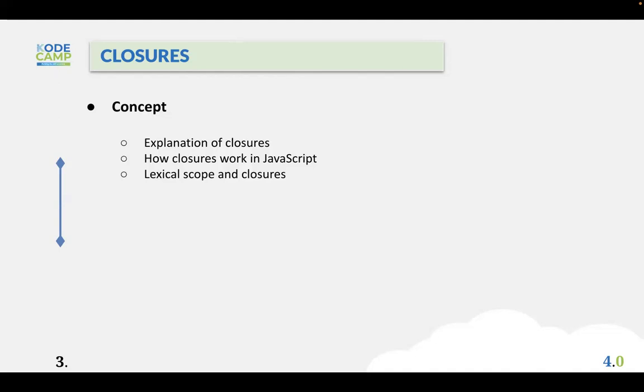In general, in programming, a closure is a function that has access to variables in its outer function scope, that's its enclosing function scope.